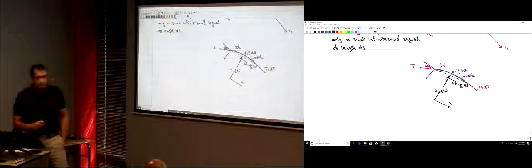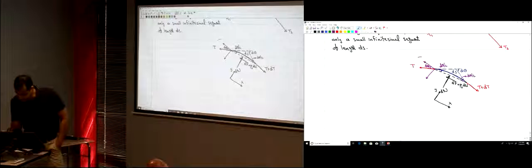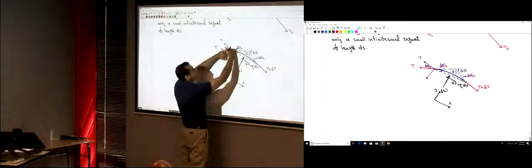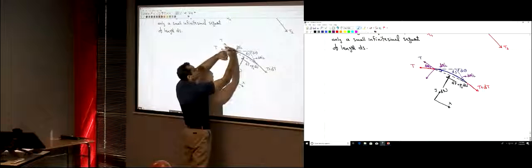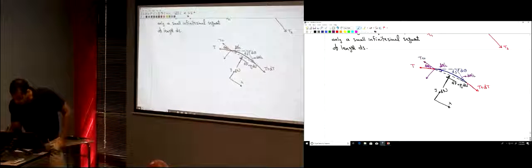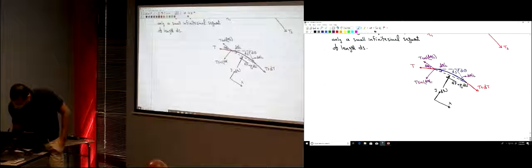The x component is how much? T cosine or sine of d theta over 2? This angle is d theta divided by 2, so it's cosine. Cosine of the angle d theta divided by 2. And the y component is T sine d theta divided by 2.